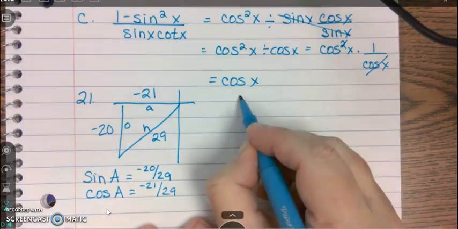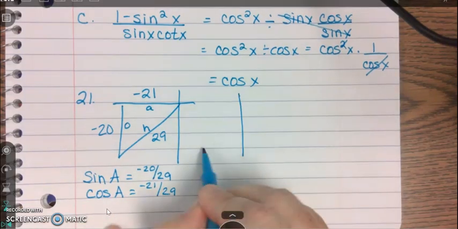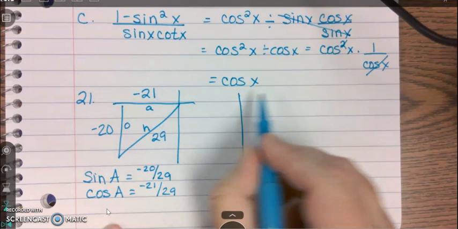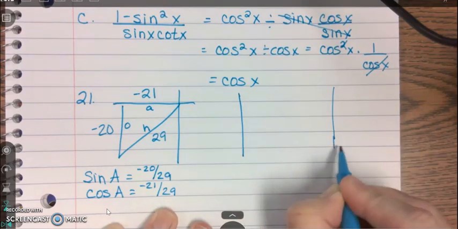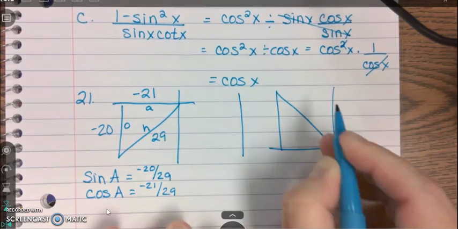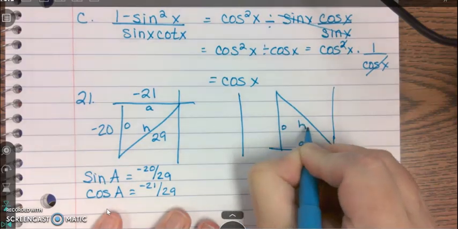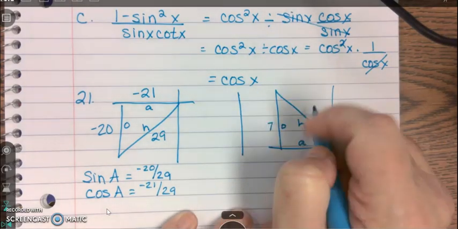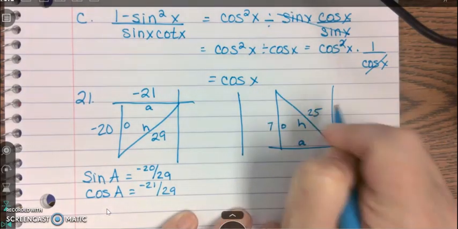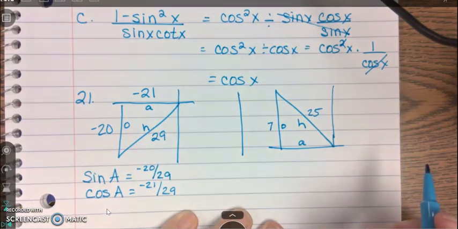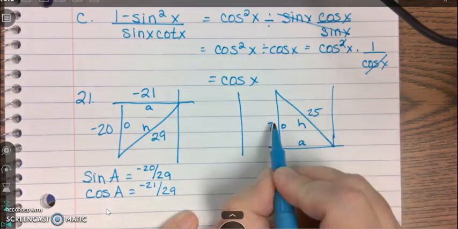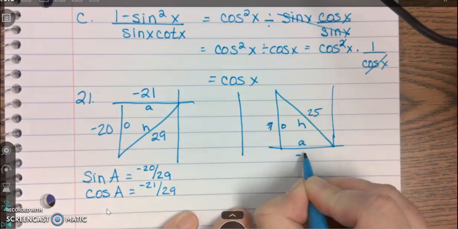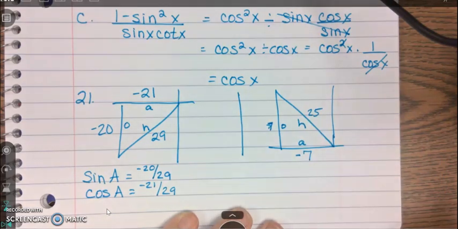Now we have another one in quadrant, oopsies, I'm going to draw it over here, in quadrant 2. A, O, H. So they gave us cosine, so 7 and 25. I made a boo-boo. The 7 should go here, and it's negative. Is it?